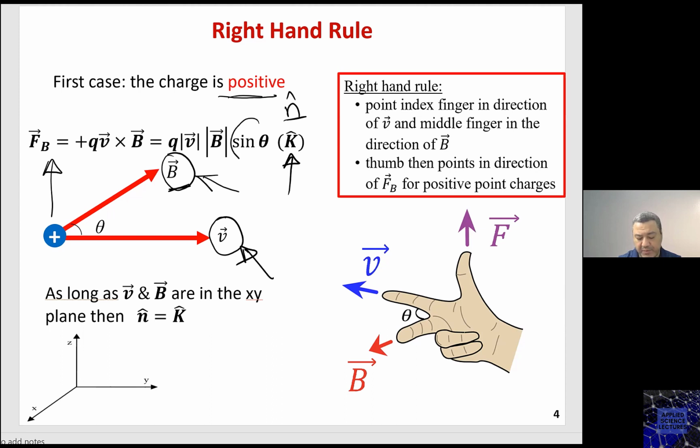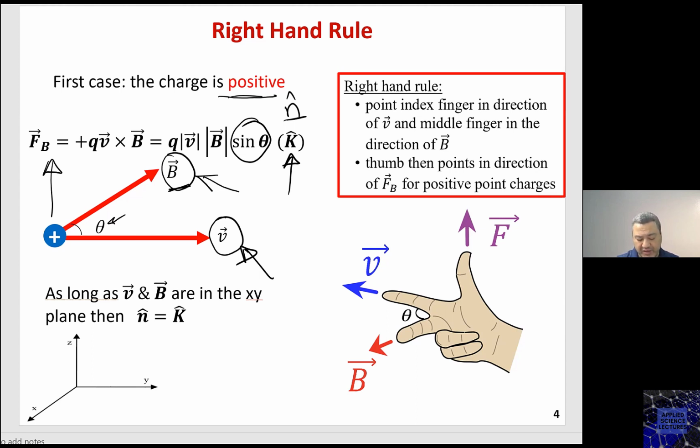And of course, the sine theta here plays a very important role in defining the maximum magnitude of this force. So you can see this force can be maximum if theta is 90 degrees. If theta is less than 90 degrees, then sine theta becomes less than 1.